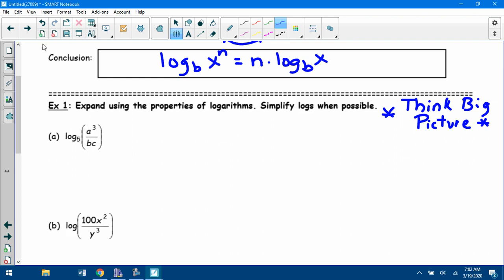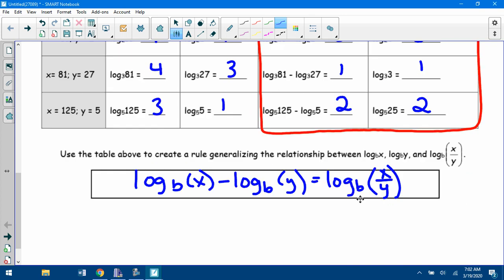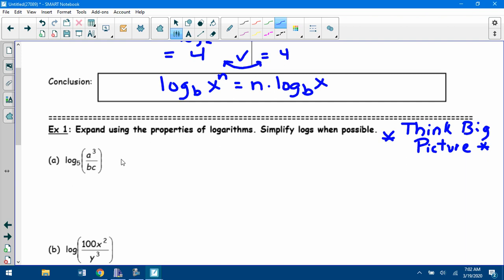And this is me using this rule. I want to expand it. So I'm on the right side right now. 1 log divided becomes 2 logs subtracted. Log base 5 of a cubed minus log base 5 of bc.